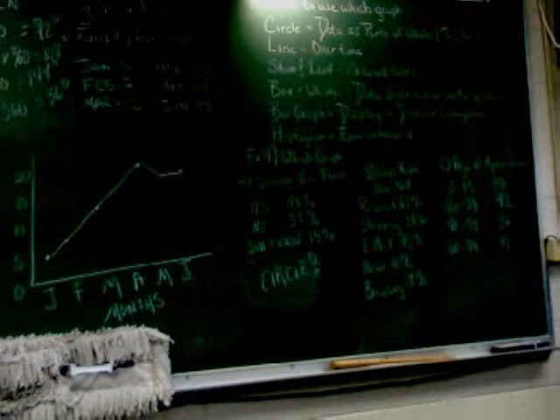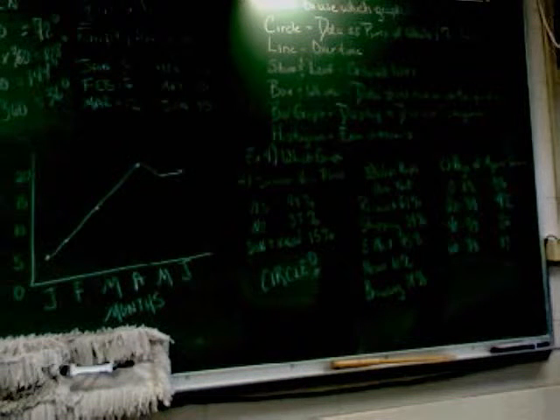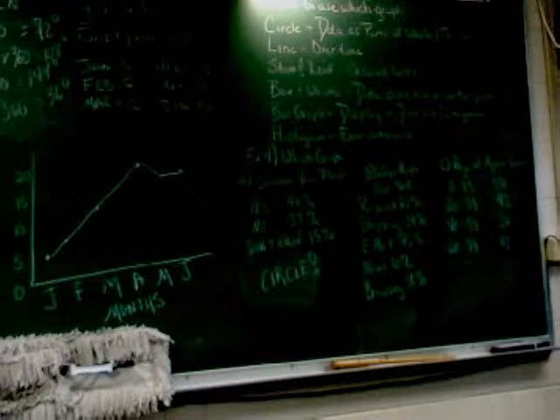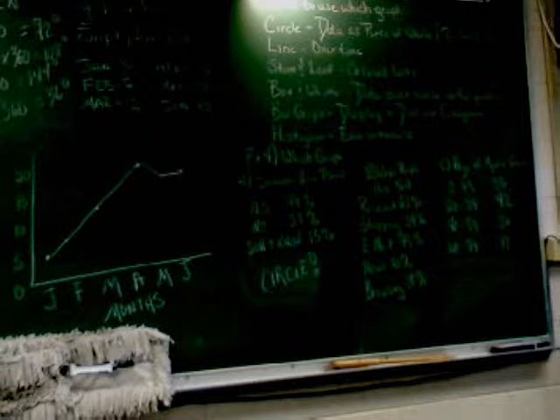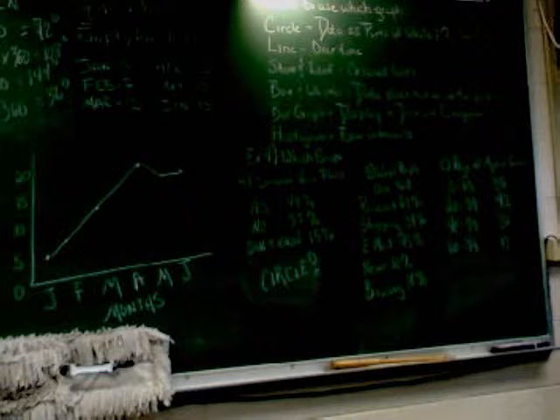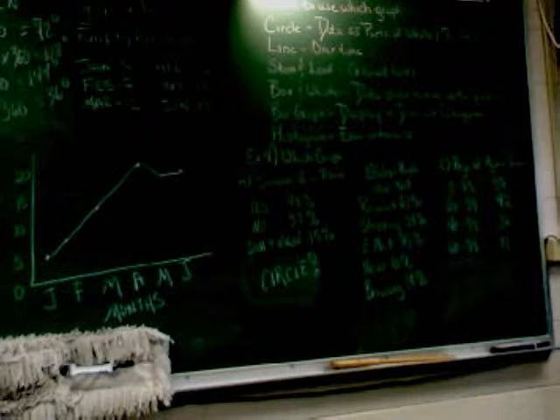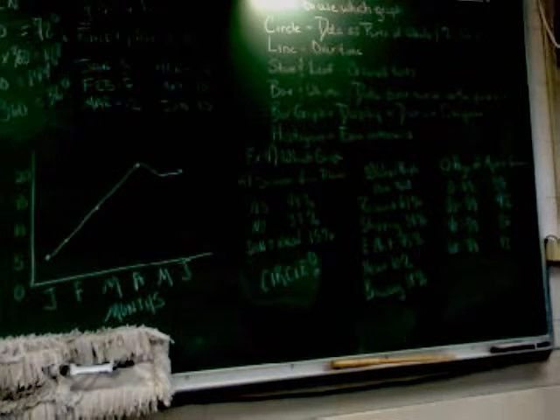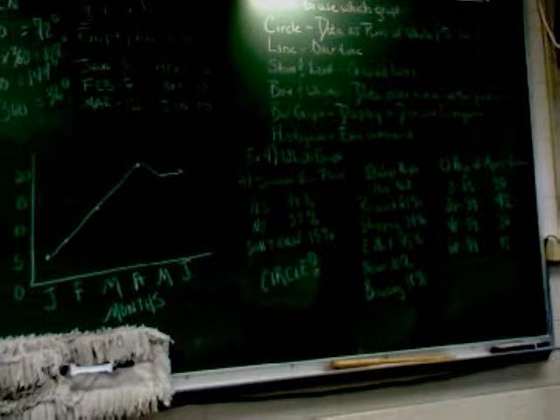Alright, B. B is about ways people use the internet. 62% use it for research, 34% use it for shopping, 45% for email, 10% for the news, and 18% just for general browsing.